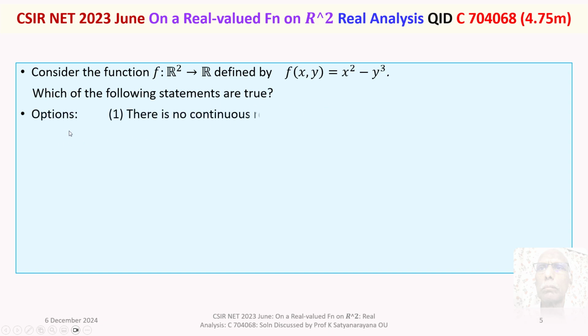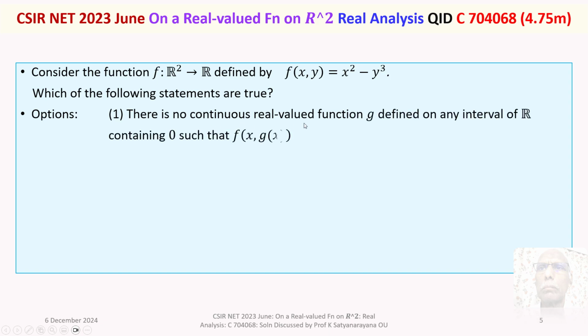We are given four options. Option 1. There is no continuous real valued function g defined on any interval of R containing 0 such that f of x comma g of x is equal to 0.